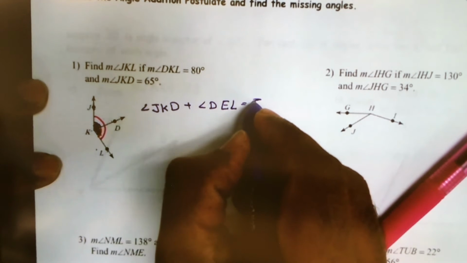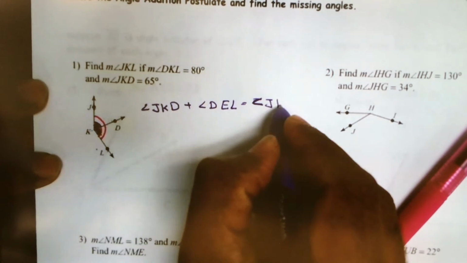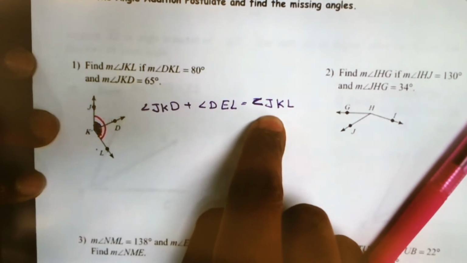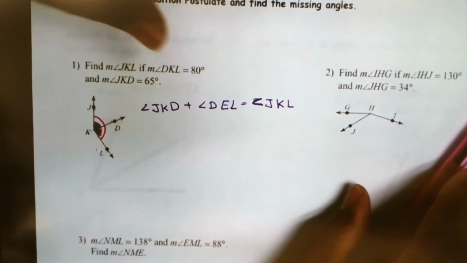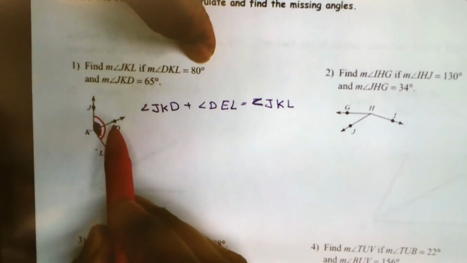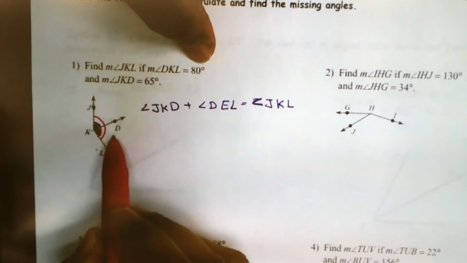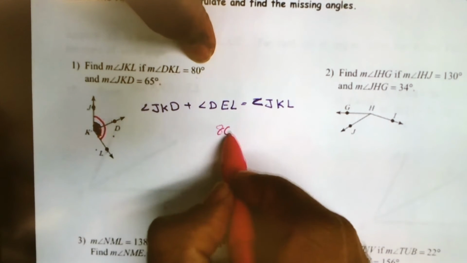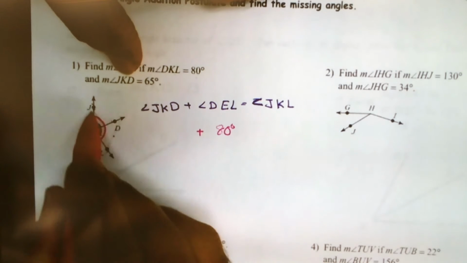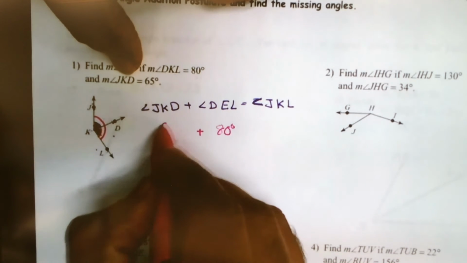So I need to figure out how much angle JKL should be. Let us plug in what we know. Angle DKL is 80 degrees plus angle JKD, that is 65 degrees.